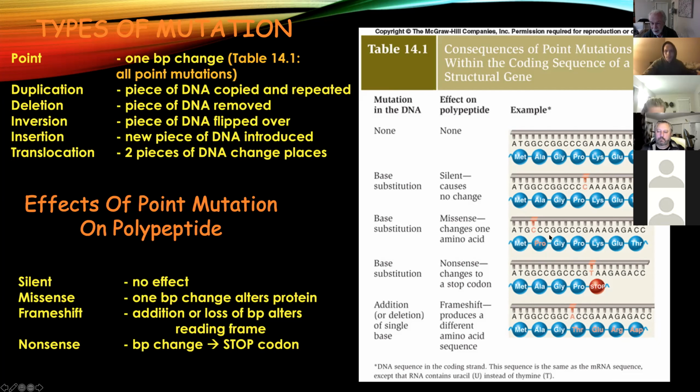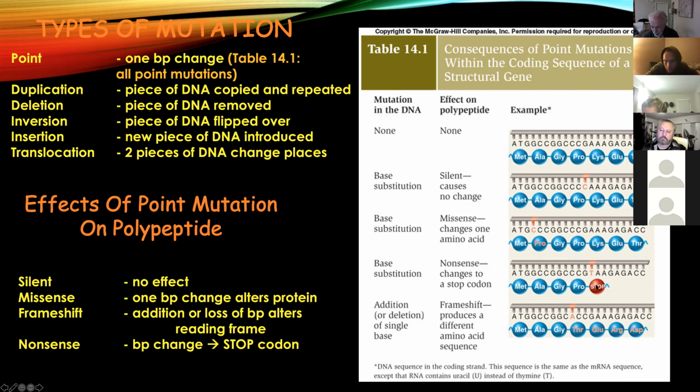Lysine is still lysine. The third is a missense mutation where this G becomes a C and it changes alanine to proline. The next is a nonsense mutation where this A becomes a T and introduces a stop codon.